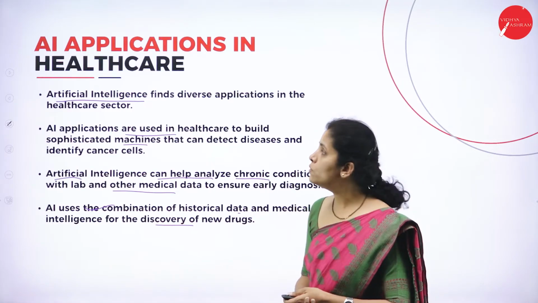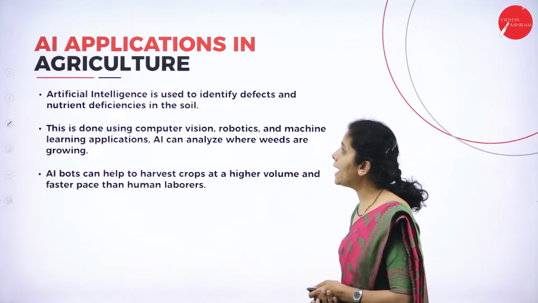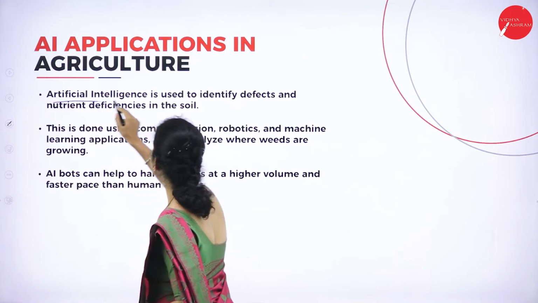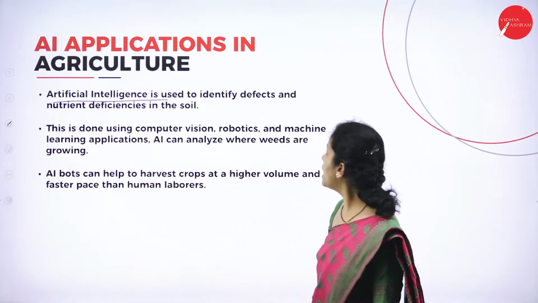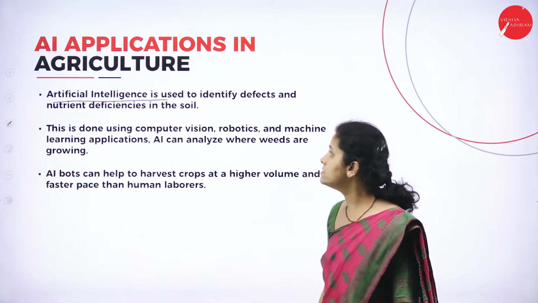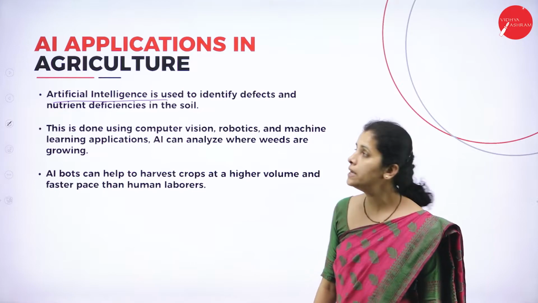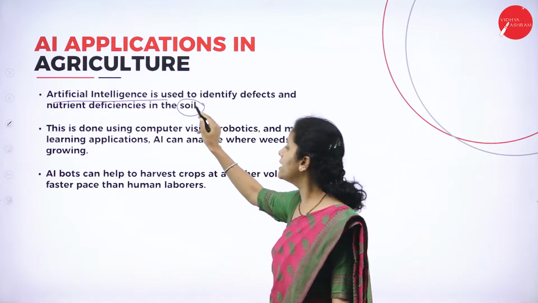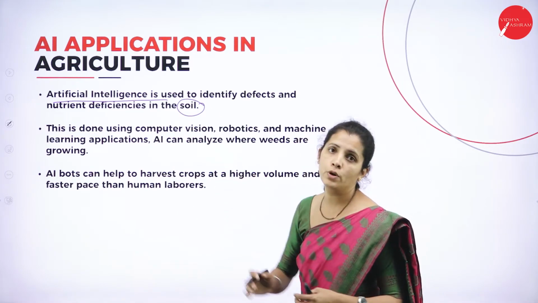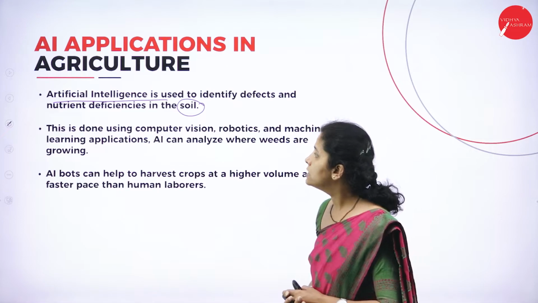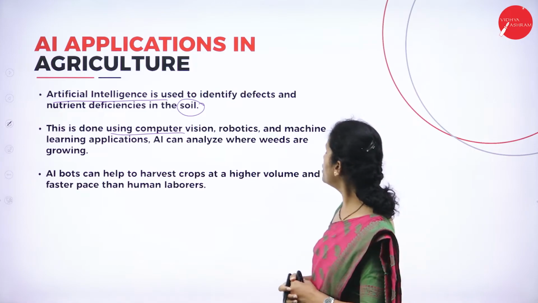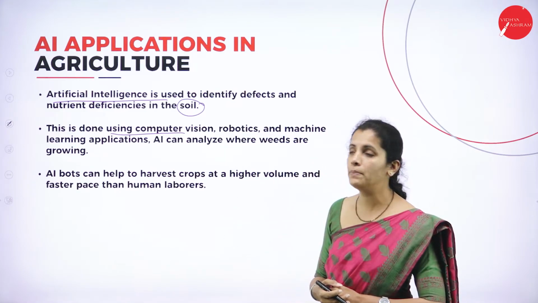So dear student, moving further, I'm going to cover AI applications in agriculture. Artificial intelligence is used to identify defects as well as nutrition deficiency in the soil. That means it's mainly used to identify the soil quality. Once again, we are going to use AI, and this is done by using computer vision, robotics as well as machine learning applications.